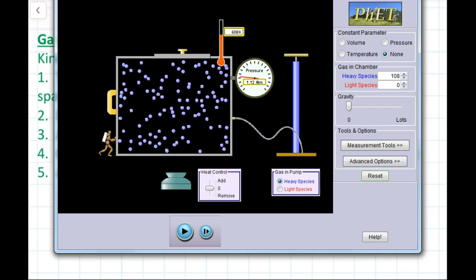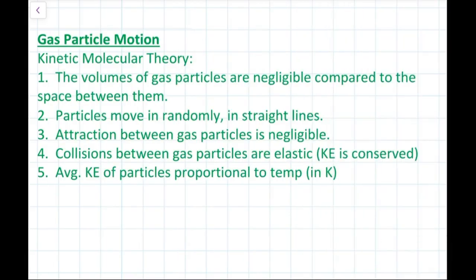We have some sticking that occurs and some loss of kinetic energy as gas particles collide, but it's almost negligible. The kinetic molecular theory also says that the average kinetic energy of particles is proportional to temperature, and that is absolutely true. The higher the temperature, the greater the kinetic energy, because the particles are moving faster.